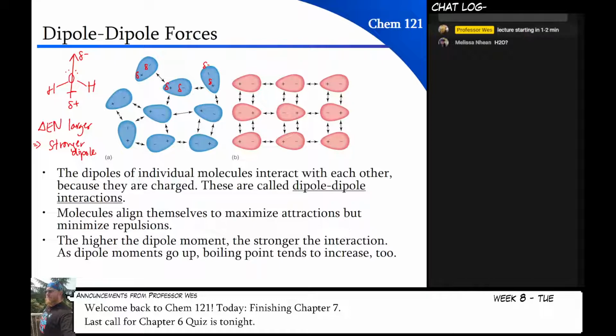And as that increases in magnitude, the intensity of these attractive forces would also increase. And thus, as a result, the boiling point would go up as well.